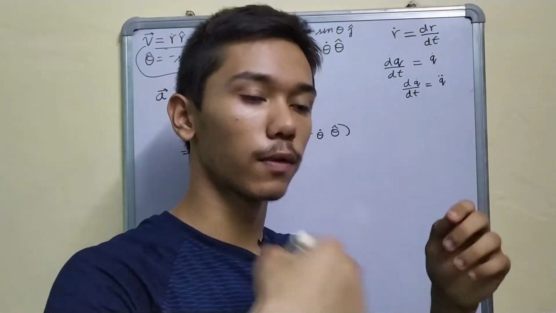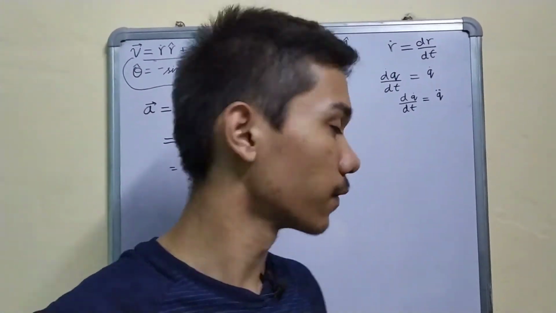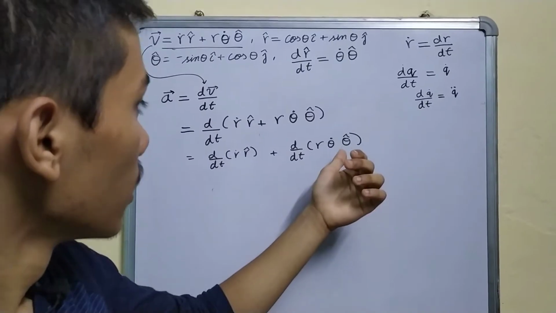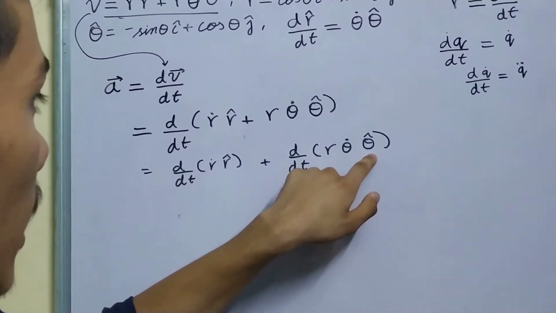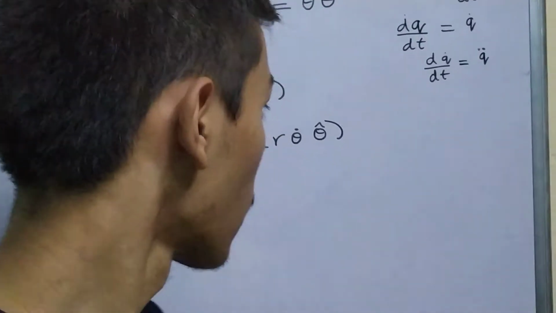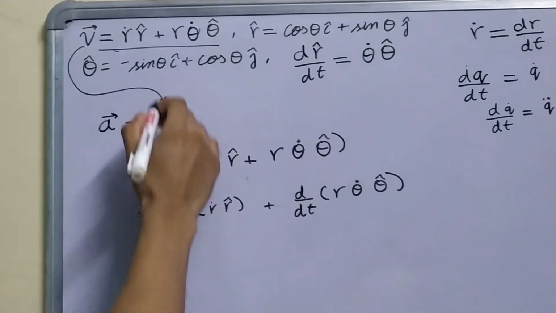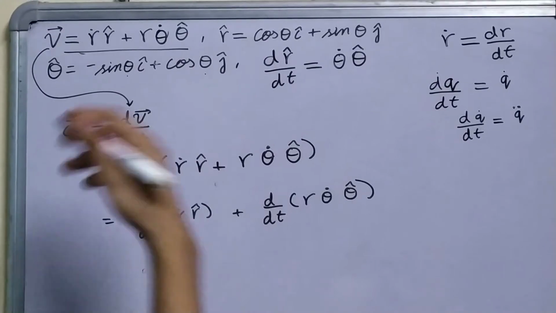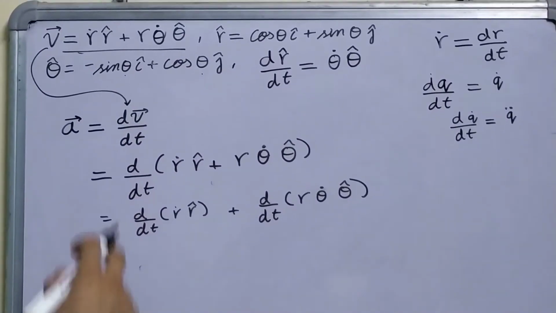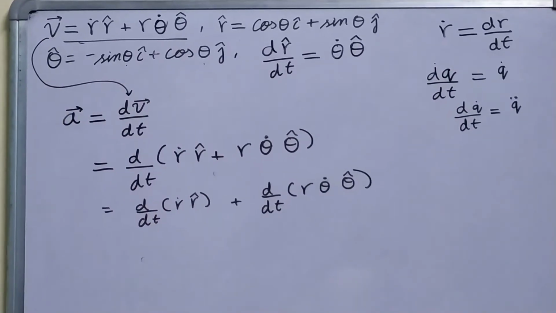So it can rotate faster and faster if you like, and theta cap is also not a constant. Why? As you can see from the formula, it contains theta in it, and theta is not a constant, it depends on time, therefore theta cap depends on time.